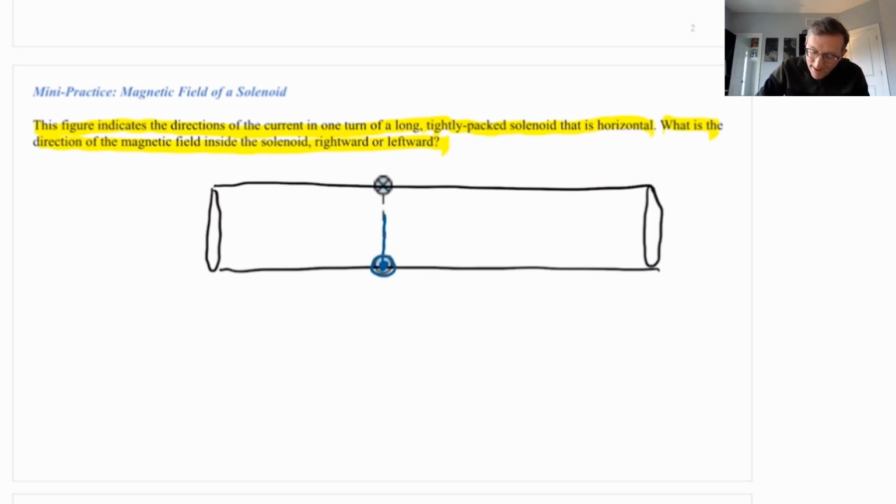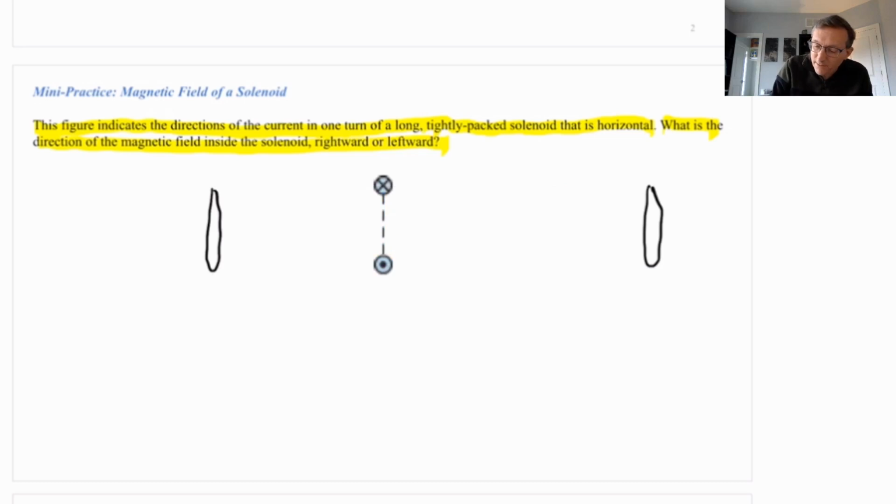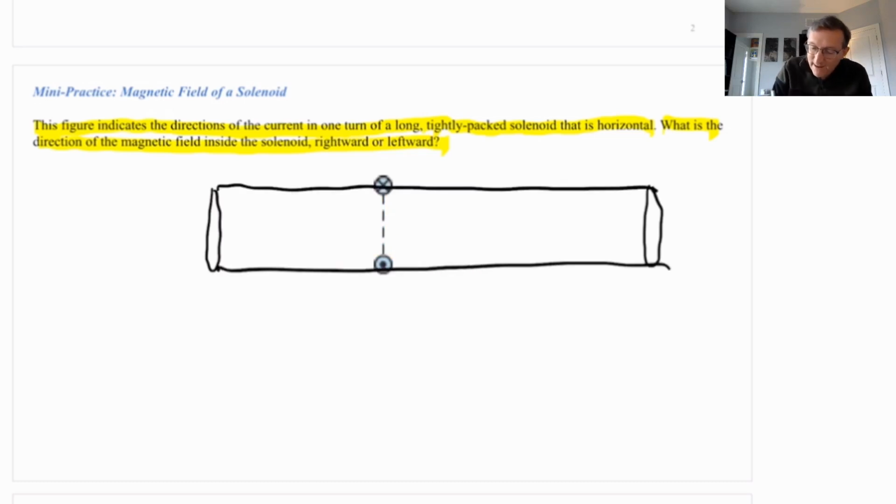It's going up at the back. I said that backwards. I beg your pardon. At the bottom, let me say that again. The current is coming out of the screen towards me. Up at the front, away from me into the screen at the top, and down at the back.